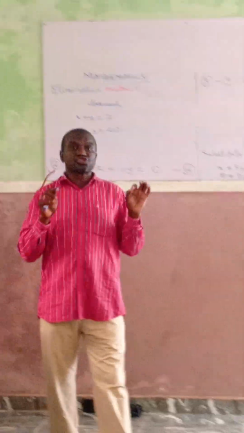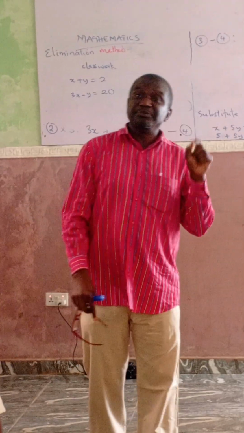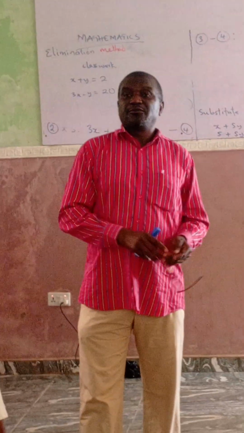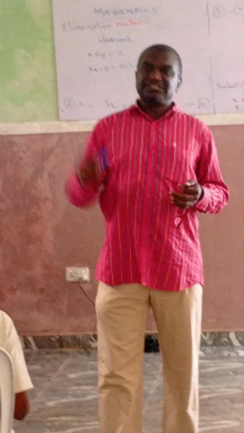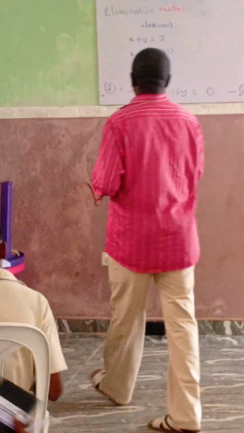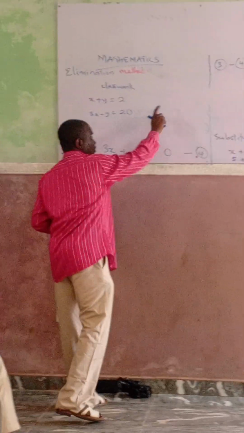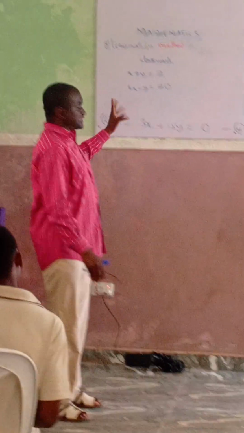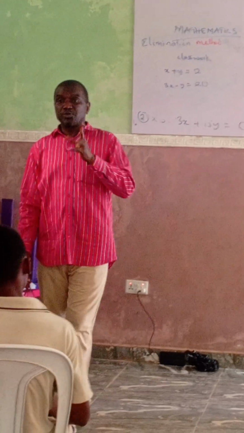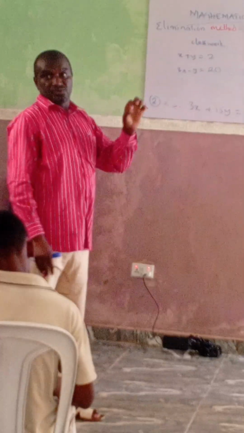So what have we explained here? We talked about how to solve simultaneous equations using the elimination method. First, you are supposed to number the equations, that means identify them: the first one, equation 1, the second one, equation 2. Then look at the coefficient of the variable you want to eliminate.